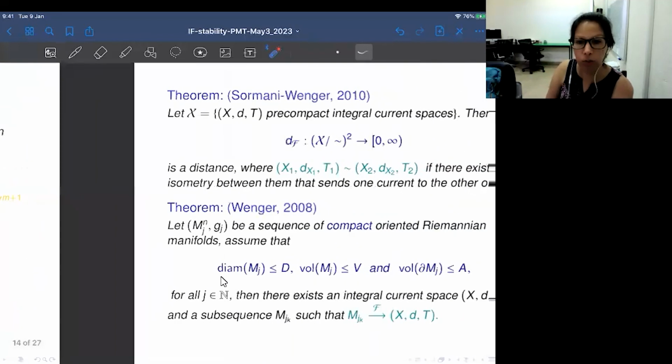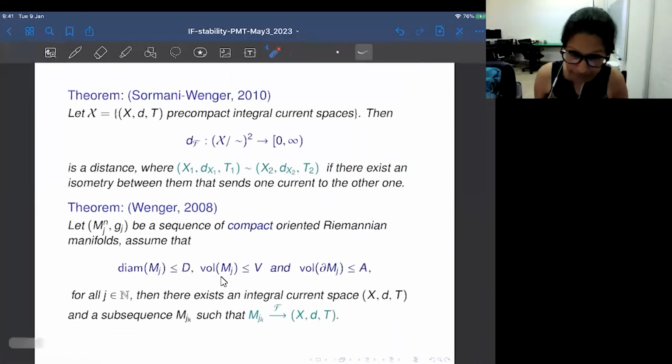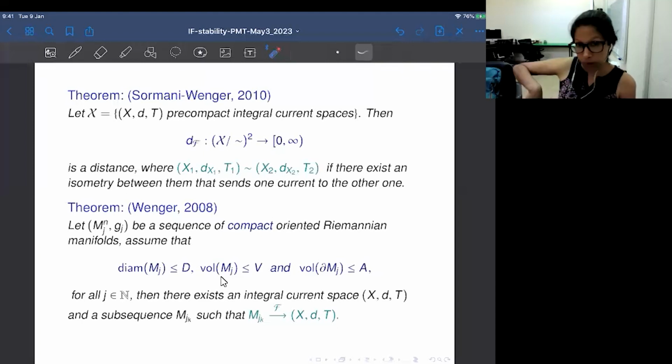And once we know what the intrinsic flat distance is, here is a theorem by Sormani and Wenger saying that actually this function is a distance, but what one has to do is identify certain integral current spaces. This is not very unusual, because if you remember in Gromov-Hausdorff distance, if the spaces are isometric, then their distance is the same.